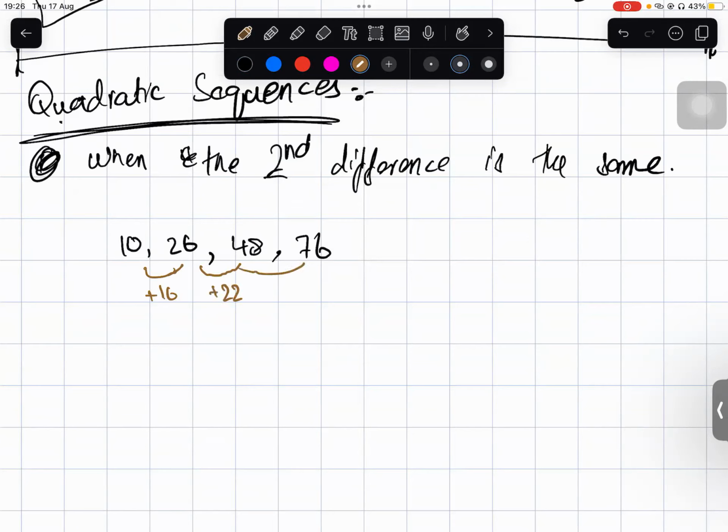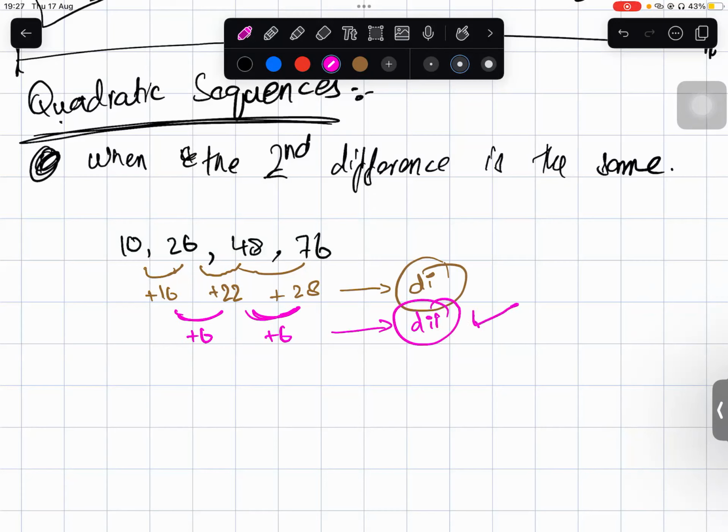Between 48 and 76, it's plus 28. So level 1, you don't get the common difference on level 1. So now let's get to level 2, where you've got plus 6 here, and you've also got 22 plus 6 would make 28. So the second difference is the common difference. Hence, this sequence is a quadratic sequence.